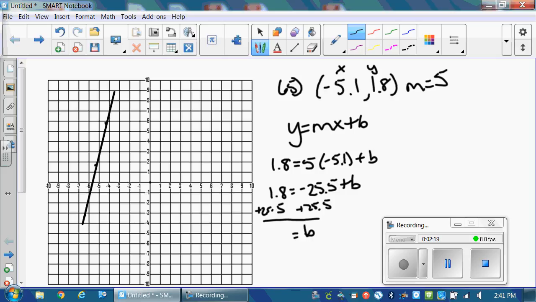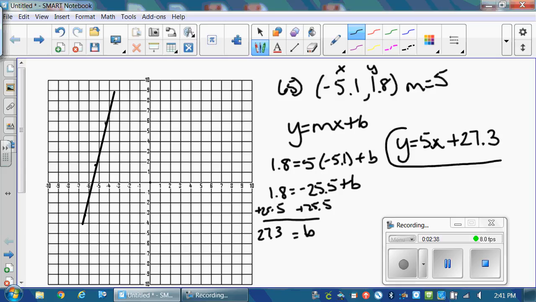I'm going to keep my answer as a decimal because there are decimals in the problem. So 27.3 is b, so the equation of this line is y equals 5x plus 27.3. And that's the answer to 65.